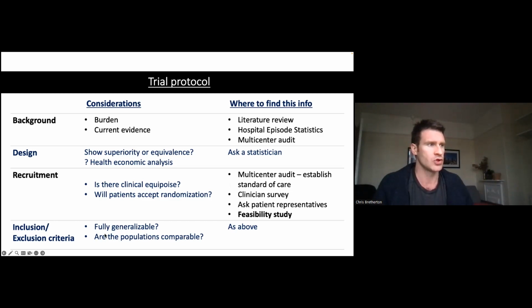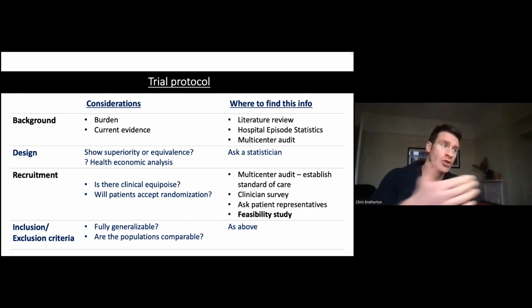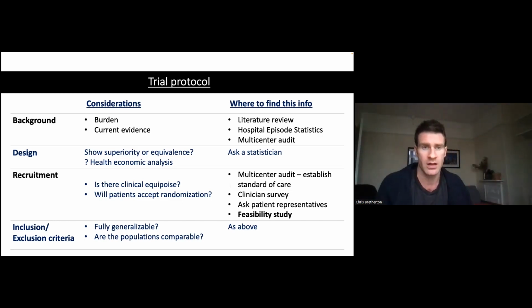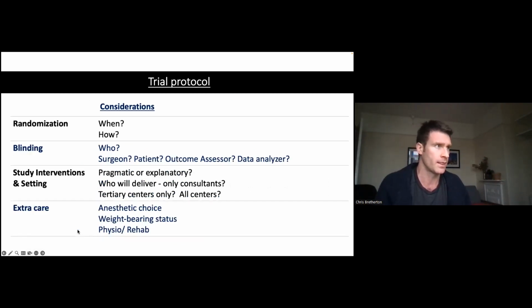And then again, we talked about some of the inclusion criteria. You've just got to make sure that you're sampling the right patients. Again, if you're doing a hip fracture trial, it's probably not worth just excluding patients over 60, unless, however, you're doing a trial for patients with hip fractures that are young. And so you just got to be clear about what population you're trying to answer the question for.